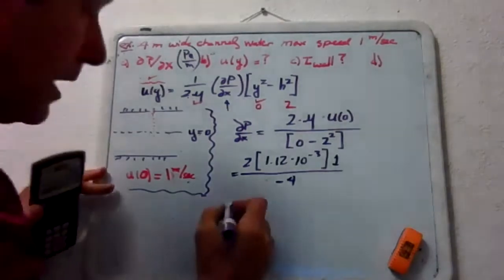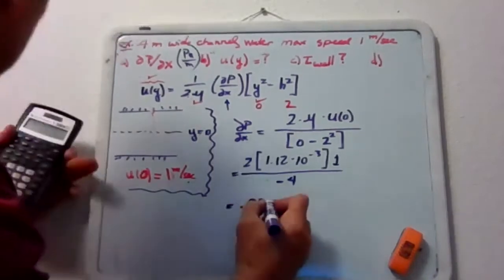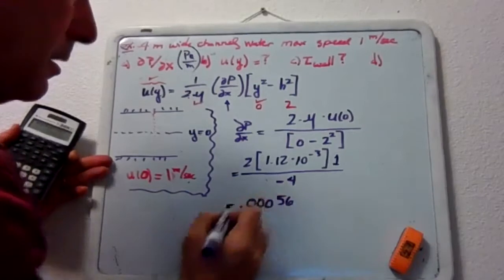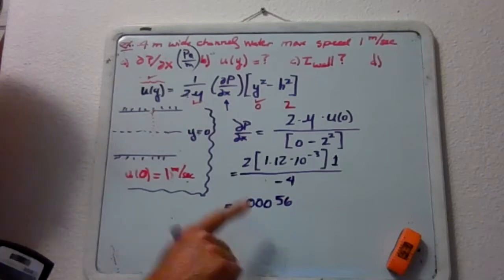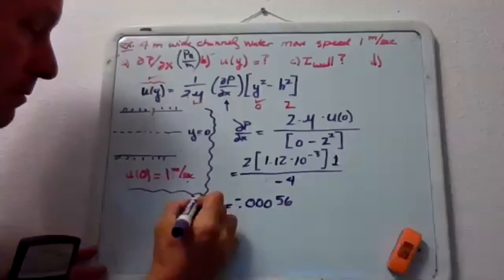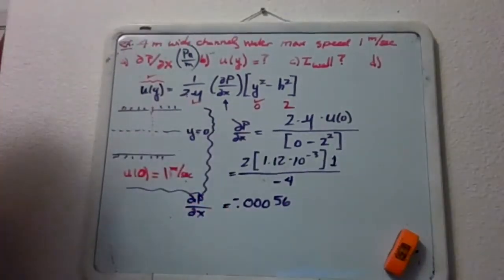You could write it in scientific notation, but to make a point, I'm going to write it out. What I got there is almost good, 0.00056, but I'm missing a negative. Okay, much better now.